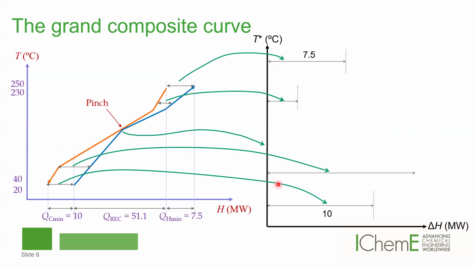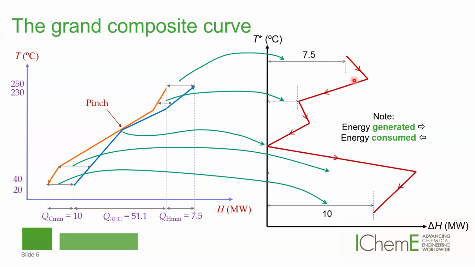And then once we have plotted all of the horizontal distances, we connect the lines. Okay, we connect the lines to end up with the grand composite curve. Now, here are some important features of this grand composite curve.